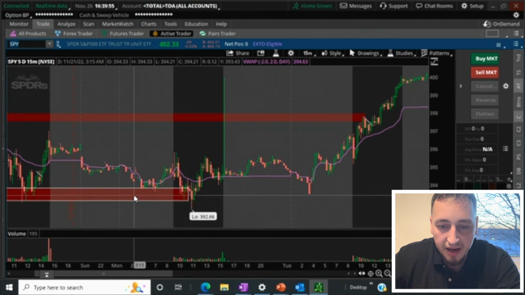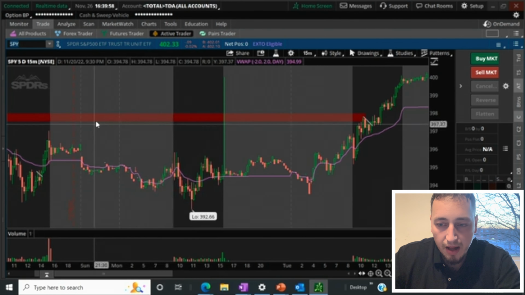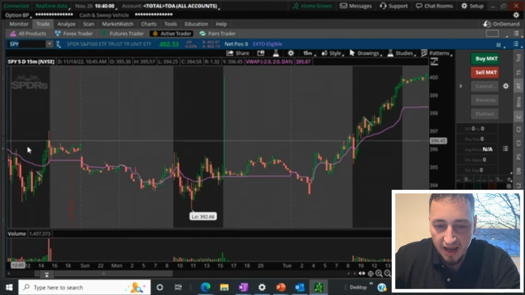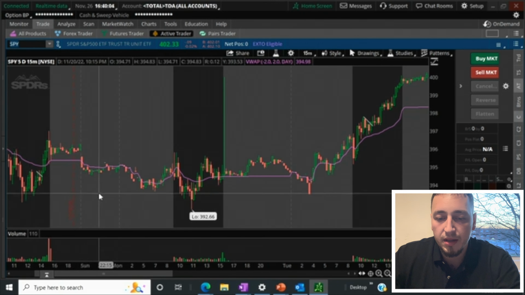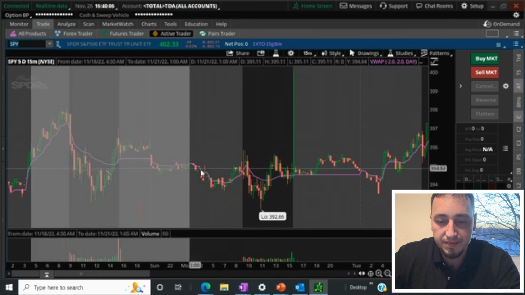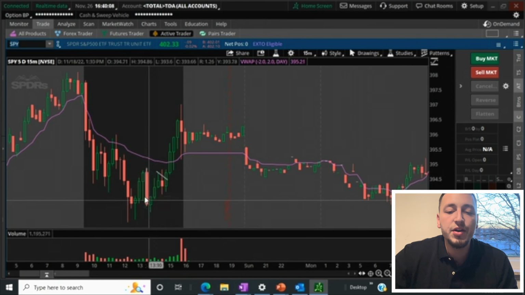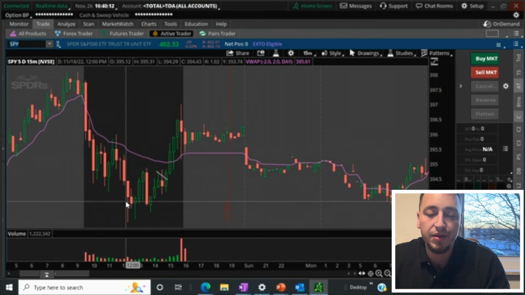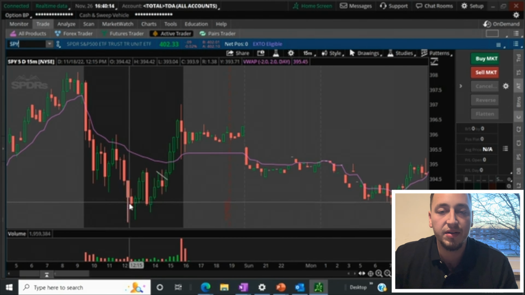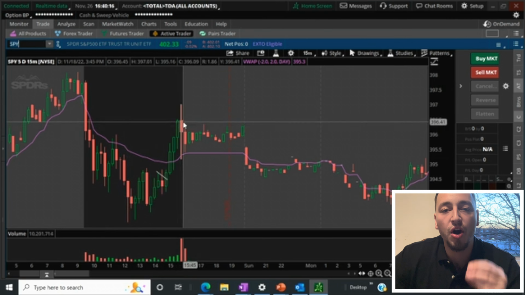So here on the SPY, right, I just kind of want to focus on this day right here. So looking at this, we know, right, because price came down into this 393 area and rejected, right? That means buyers are present.